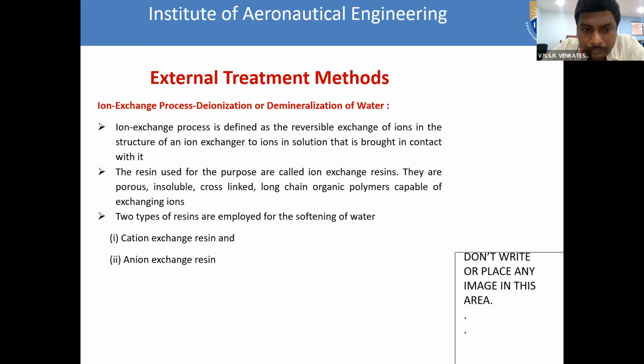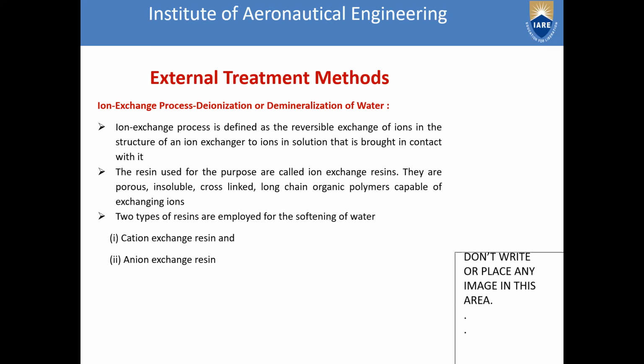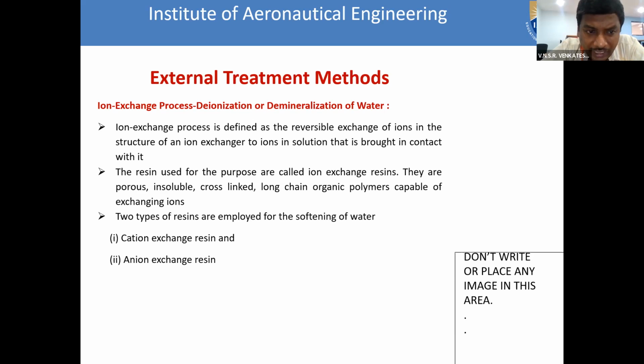Now tell me, how many types of exchanging resins? Two types. First one is cation exchange resin, and second one is anion exchange resin. What is the nature of resin?